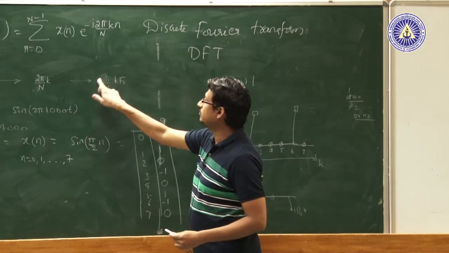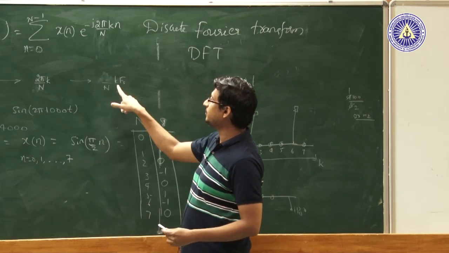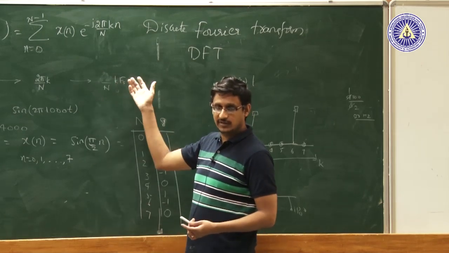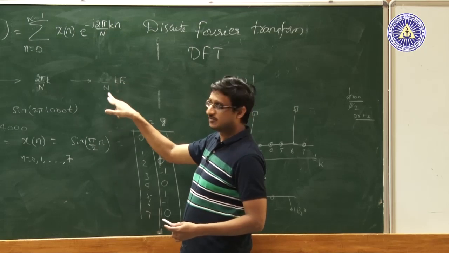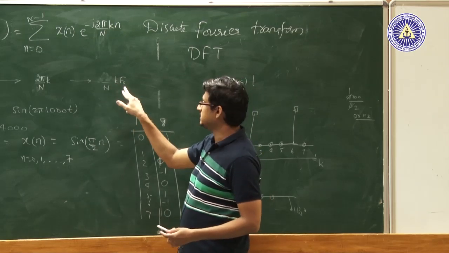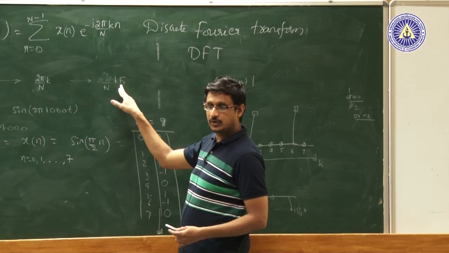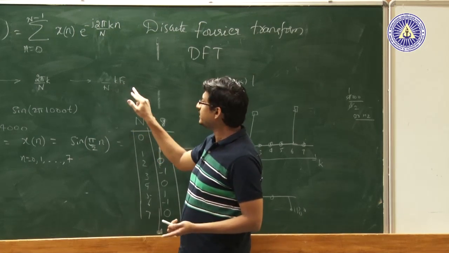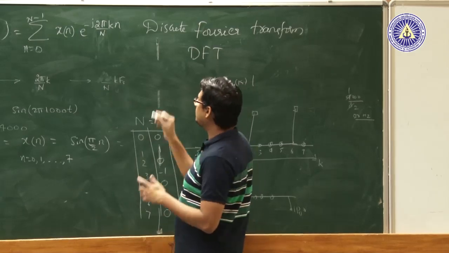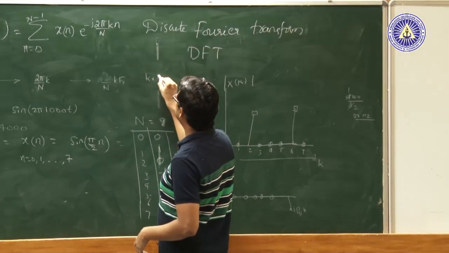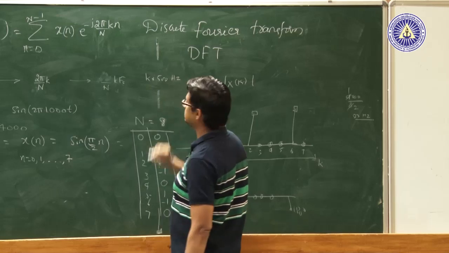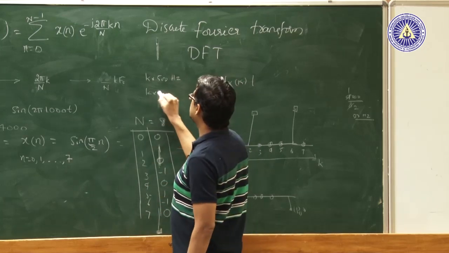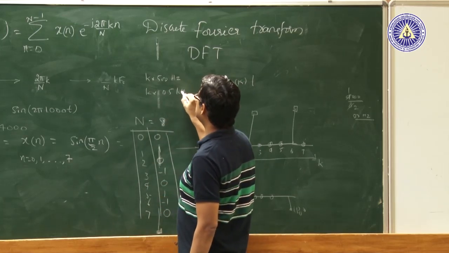Or if you just consider Fs, then it would correspond to k Fs by N, in hertz. In this case, Fs is equal to 4000, N is equal to 8. So, each kth term will be k times 500 hertz or k times 0.5 kilohertz.